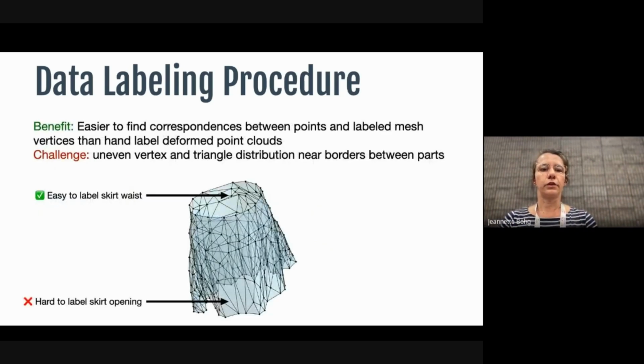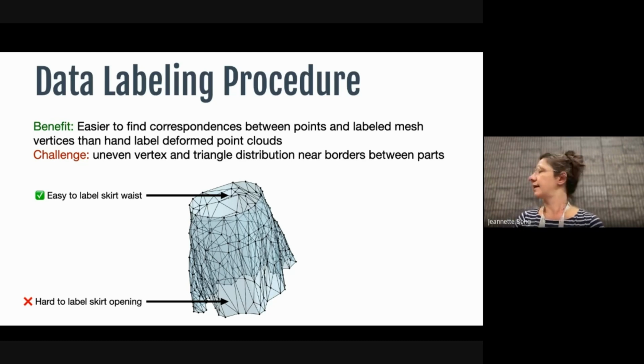Okay, so the benefit of directly labeling meshes is that it's easier to find the correspondences between the point cloud points and the labeled mesh vertices than to hand label the deformed point cloud. So it's much easier to scale up data labeling, but it's still quite challenging, because many of these meshes, like the one that you see here, have very uneven vertex and triangle distributions.